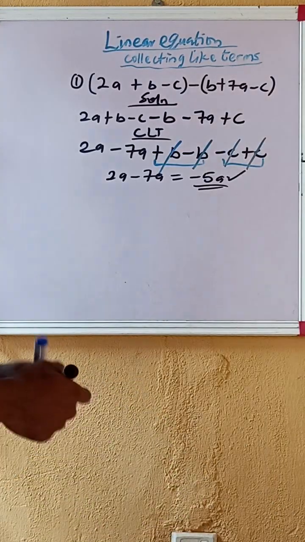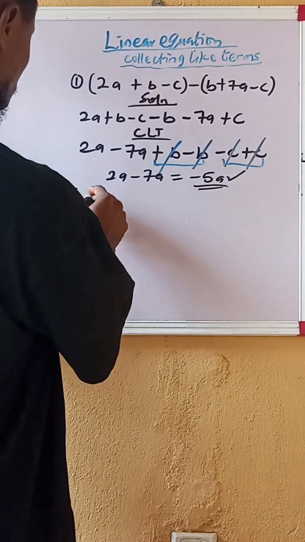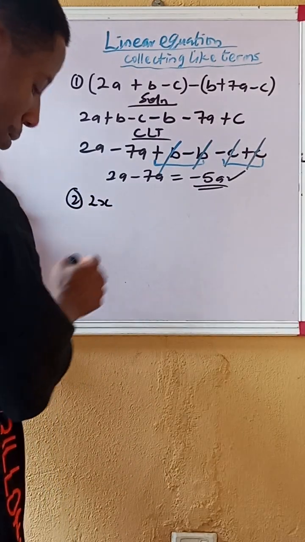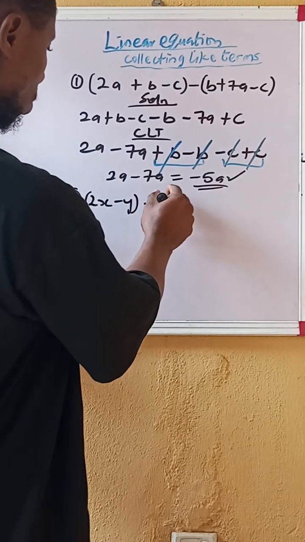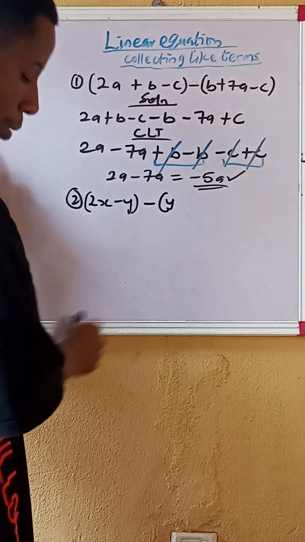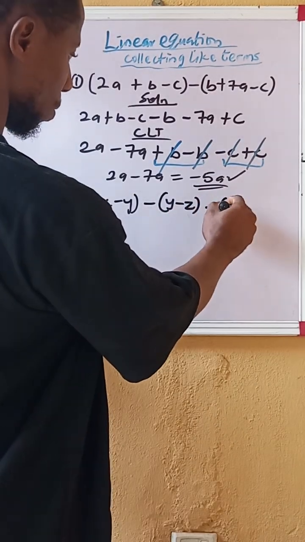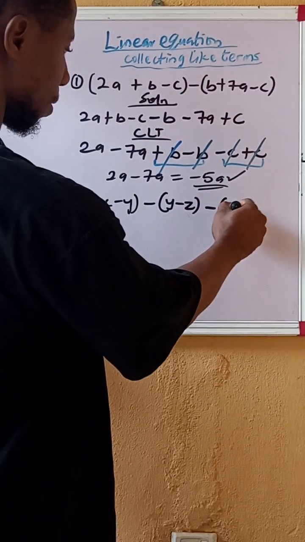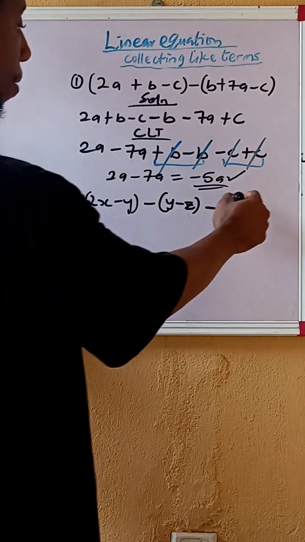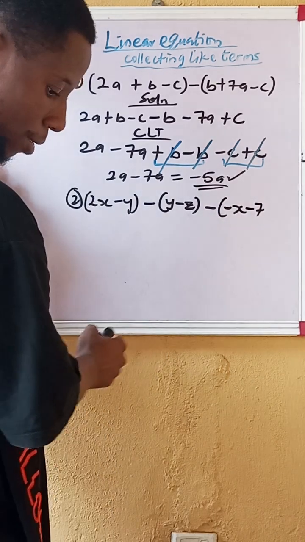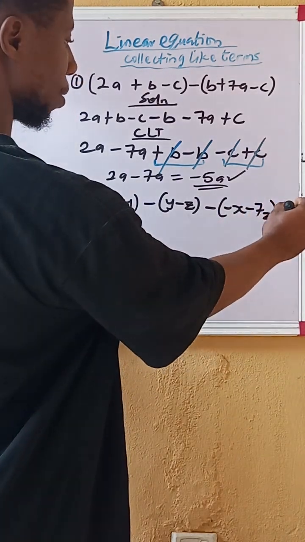So I'm going to give us another example. For example, you have number 2: 2x minus y, then minus y minus the bracket y minus z, then minus x, all right, minus 7z, all right, plus 5.